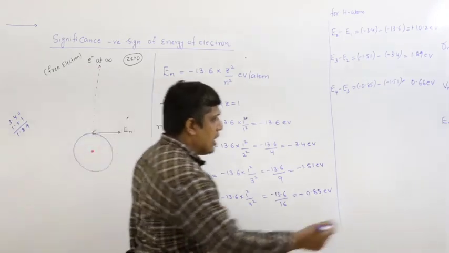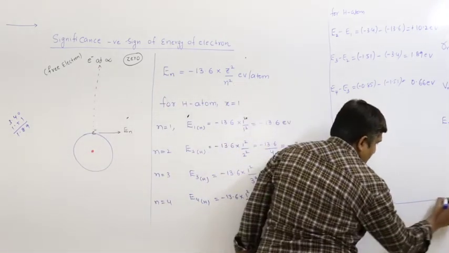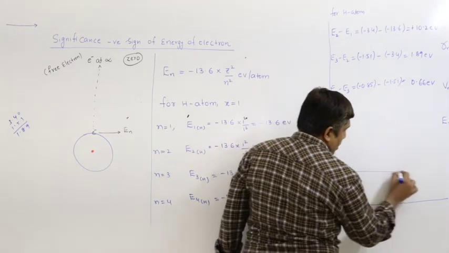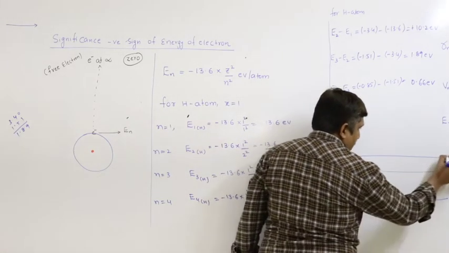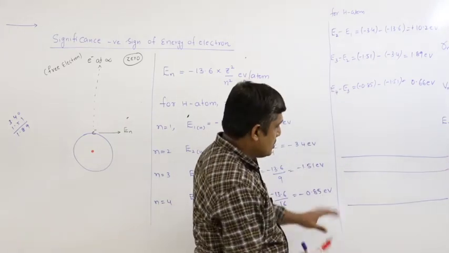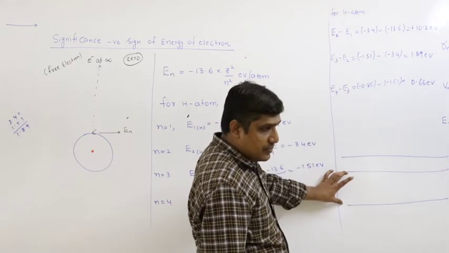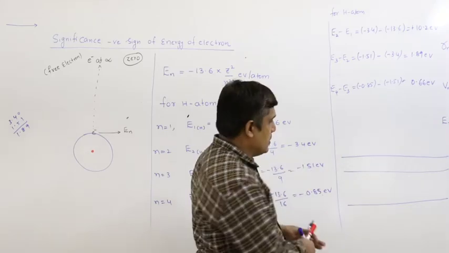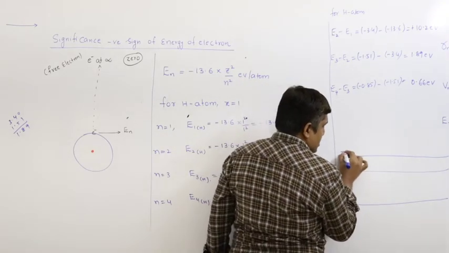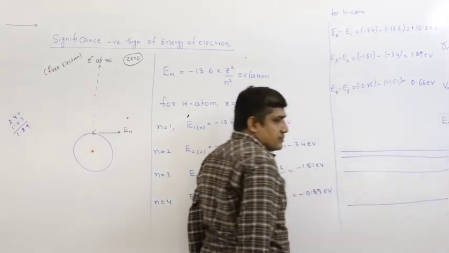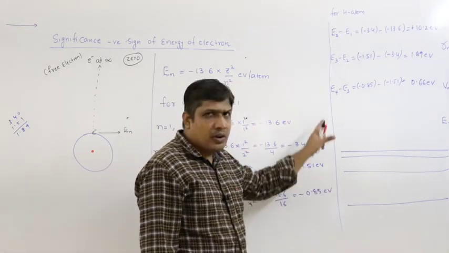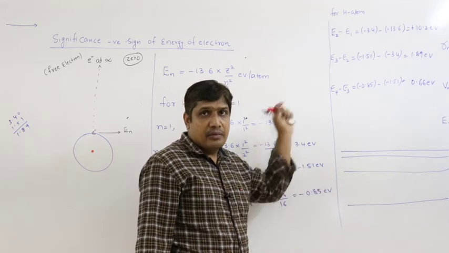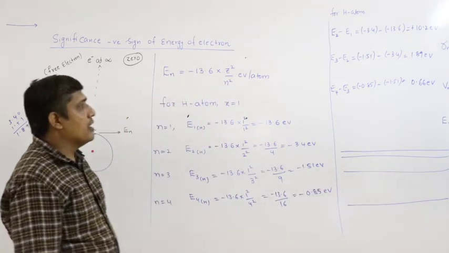When you draw the hydrogen spectrum, you have to show a considerable difference between first and second, then draw a closer line, because between these two the energy difference is more. The next line must be much closer. So the energy difference will not be constant between successive energy levels.